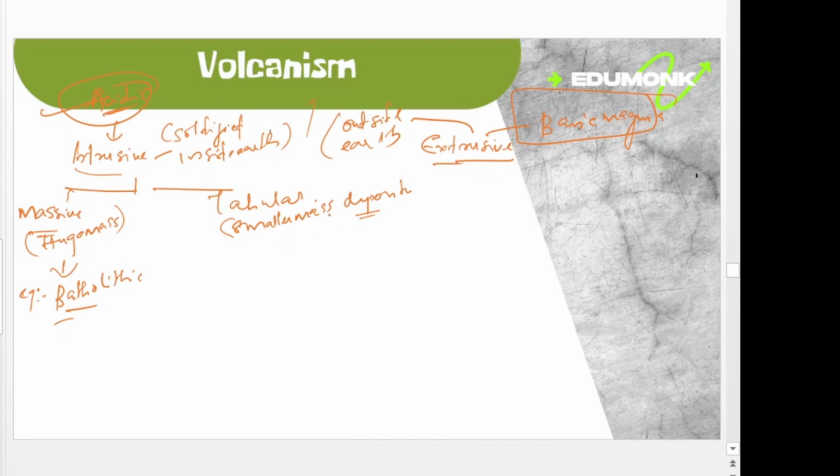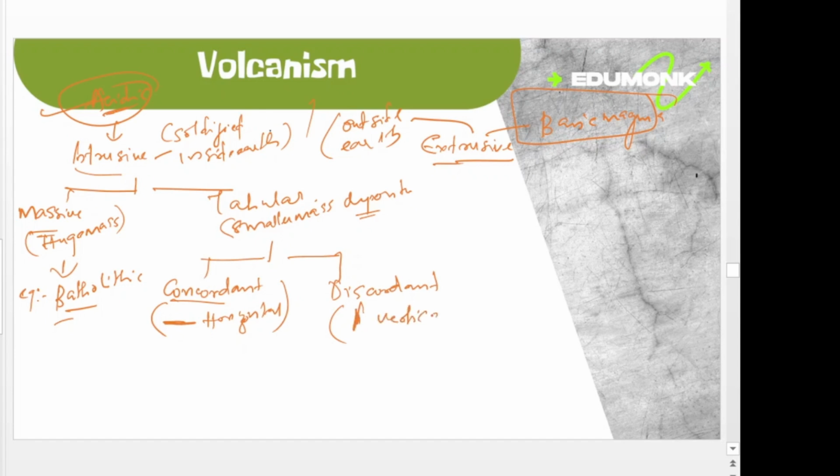Then the tabular or smaller deposition can again be classified into two: concordant and discordant. In concordant, the magma is solidified in a horizontal way, and discordant means magma solidified in a vertical way.